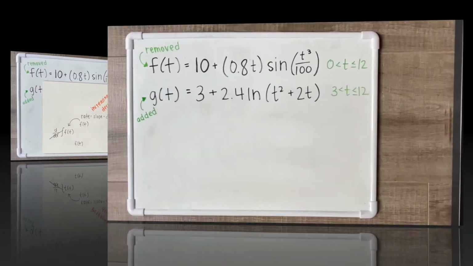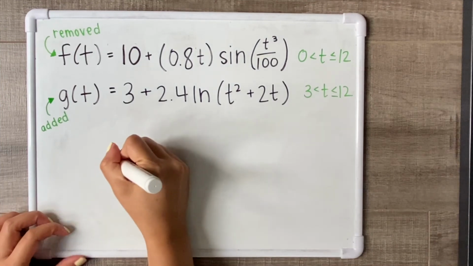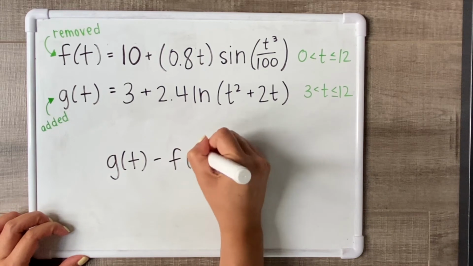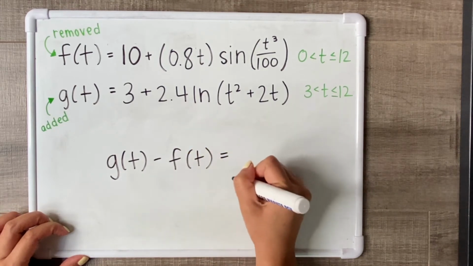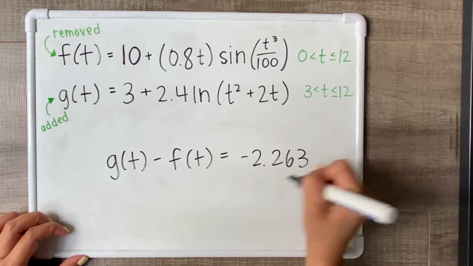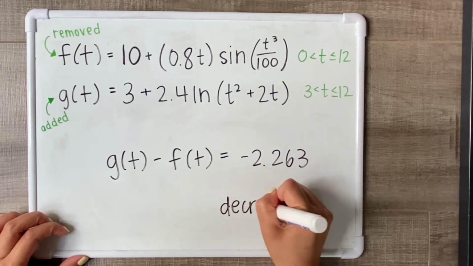Also, because the bananas are being added and removed, we need to subtract f from g. So you can plug that into your calculator and you end up getting negative 2.263. So it is decreasing.